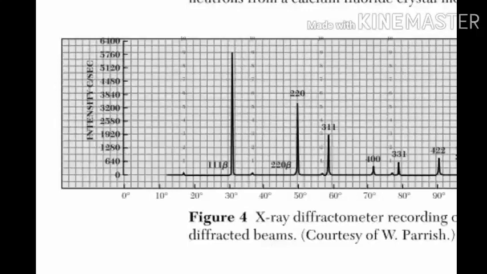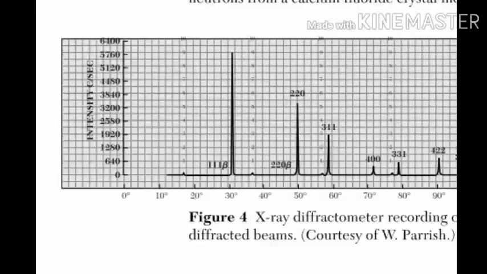Those peaks give information about the kind of planes that are periodically available inside the crystal. So why do these different peaks have different intensity, and why are some peaks big and some peaks small?